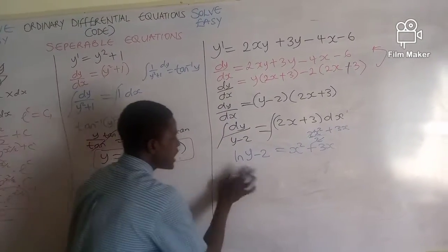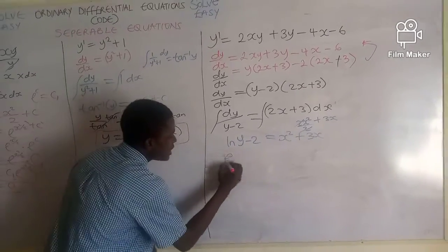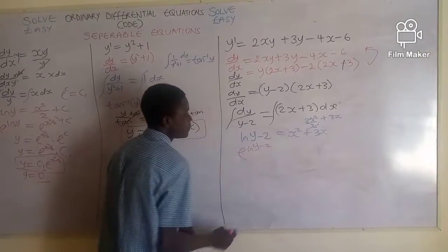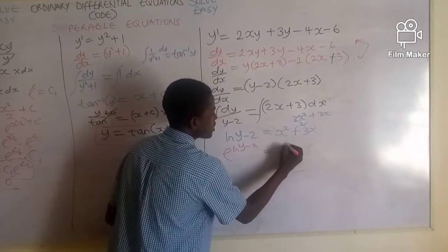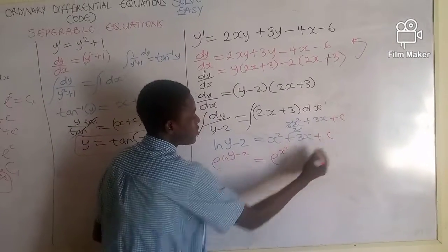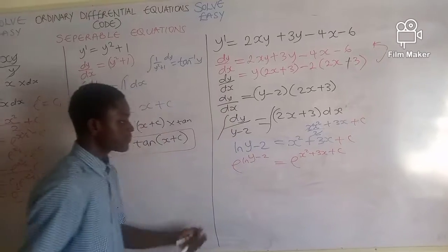Now we raise both sides to an exponent, e to the power of the natural logarithm of y minus 2 equals the exponent of x squared. Sorry, here we are going to have c, a constant: x squared plus 3x plus c.